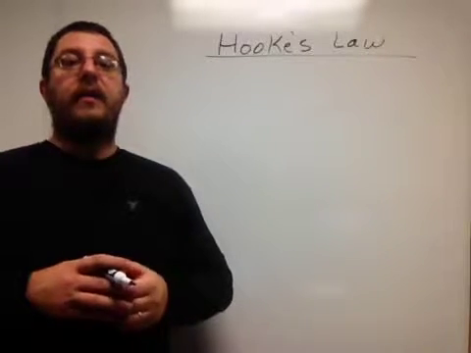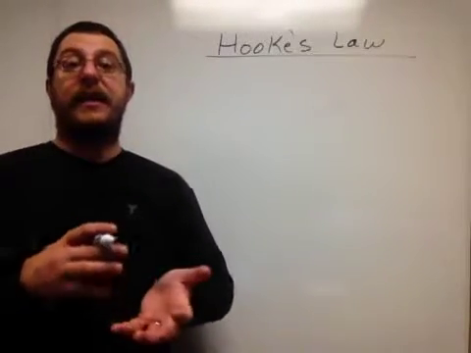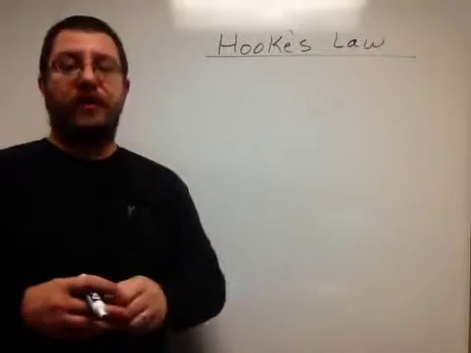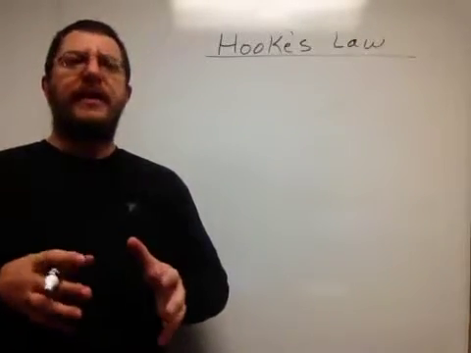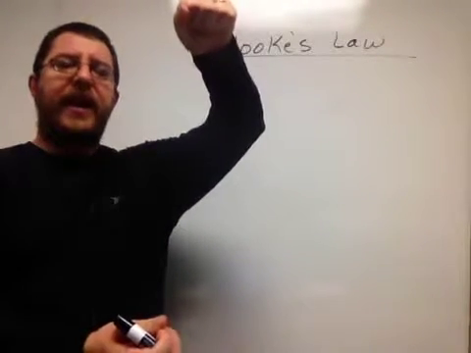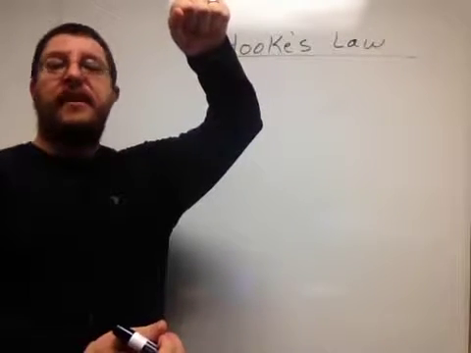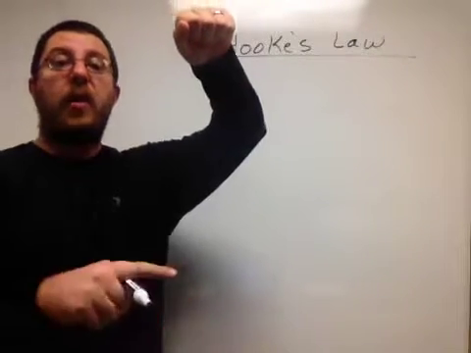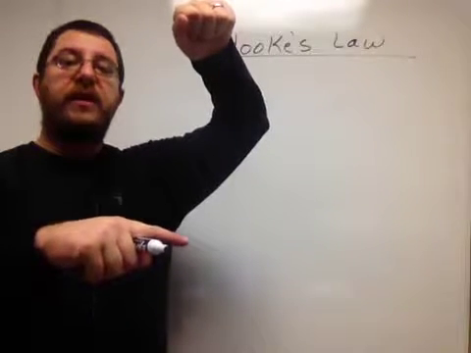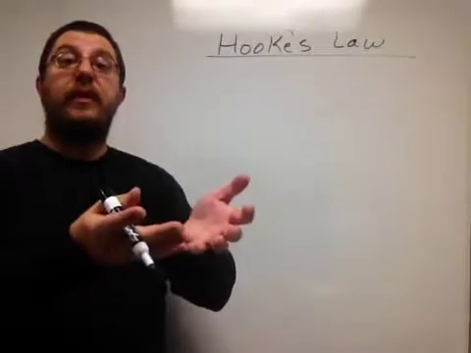This is known as Hooke's law, and Hooke's law applies to things like springs, rubber bands, things that are elastic that you can stretch. The whole idea here is that if I have a hanging mass on a spring and I pull it down beyond its natural resting state, or its equilibrium position, and I let it go, the spring is exerting an upward force on the object, trying to pull it up to the equilibrium position.